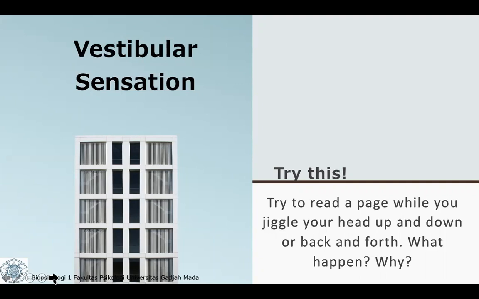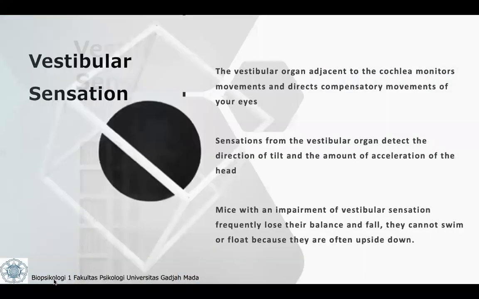So why does that happen? When you move your head, the vestibular organ adjacent to the cochlea monitors the movement and directs the compensatory movement of your eyes. When your head moves left, your eyes move right, and when your head moves right, your eyes move left. So effortlessly, you keep your eyes focused on what you want to see.